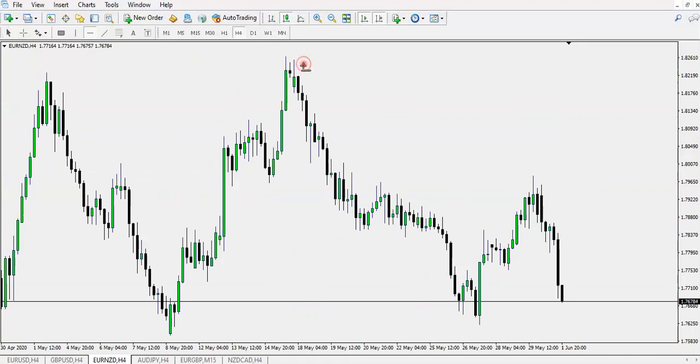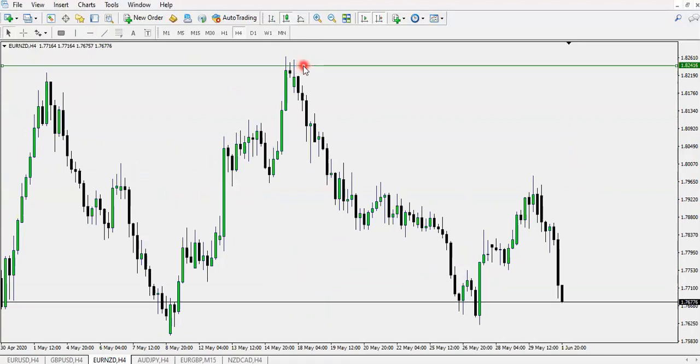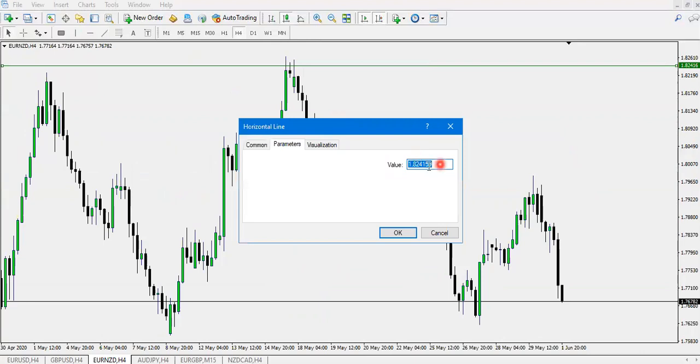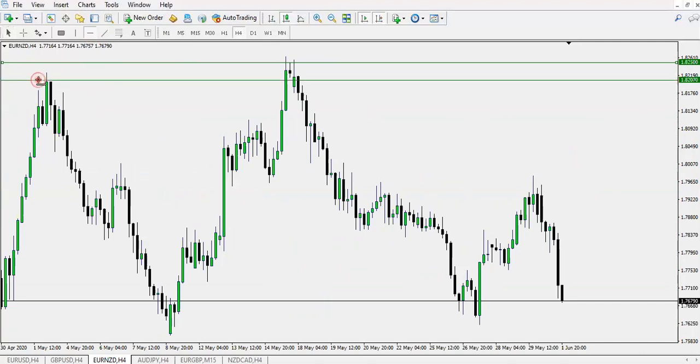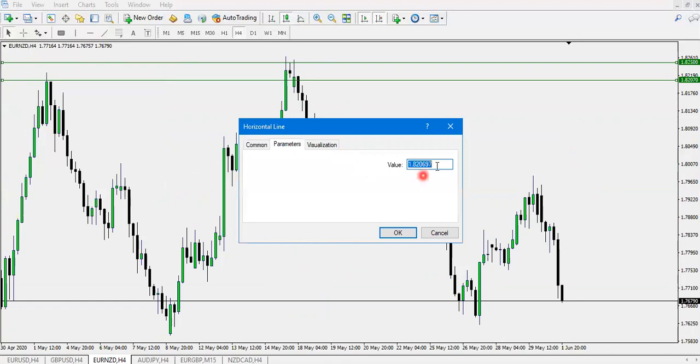So here is the top of our chart, and we could see that the institutional level over here is about 500, which is our 500 institutional level. And the reaction of this zone over here, we can say that this is our round number.